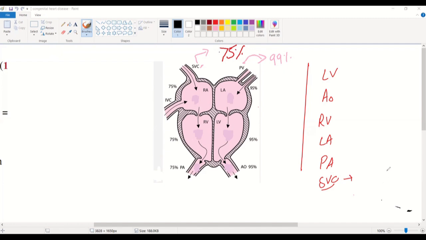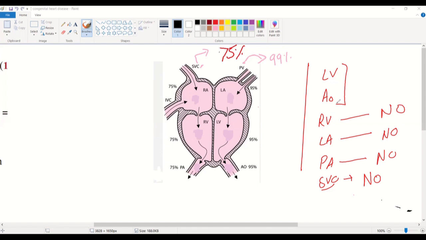No change. Pulmonary artery, no change also. Left atrium, no change. Right ventricle, no change. The change takes place only in the left ventricle and aorta.